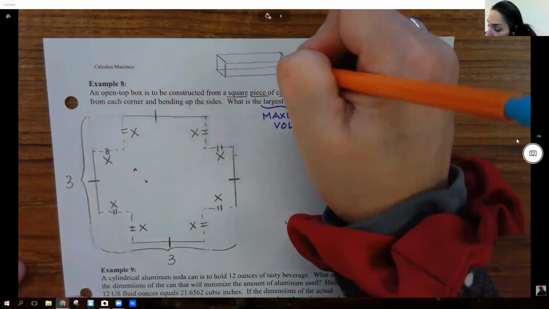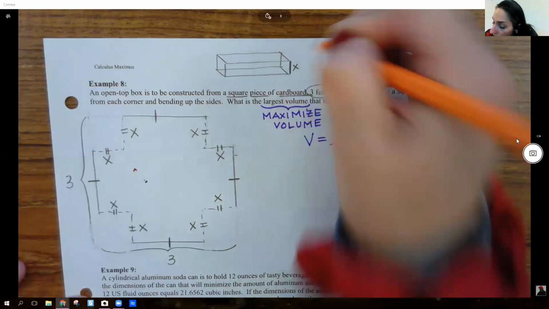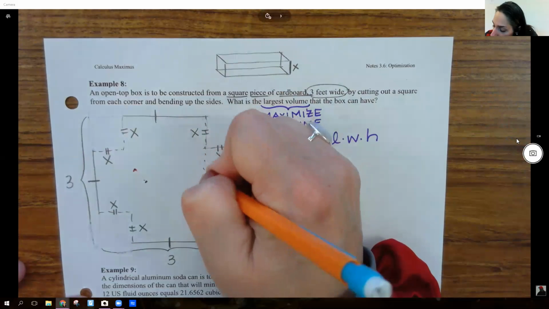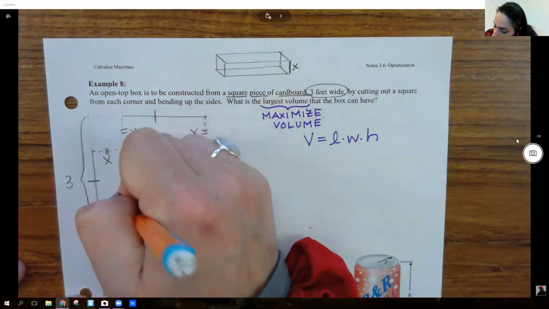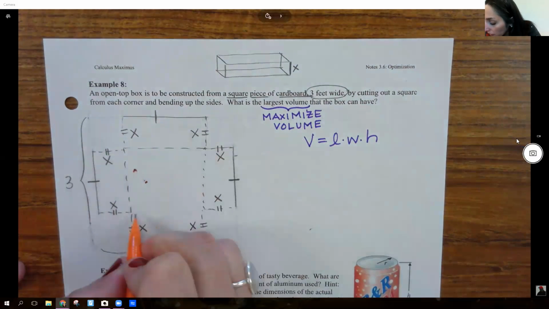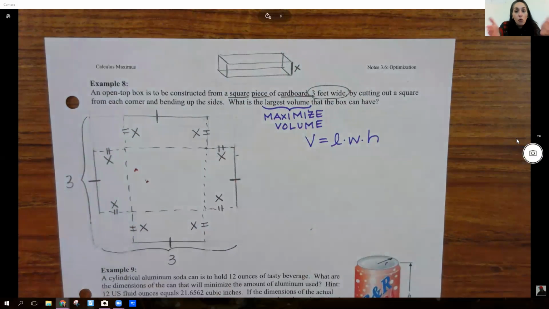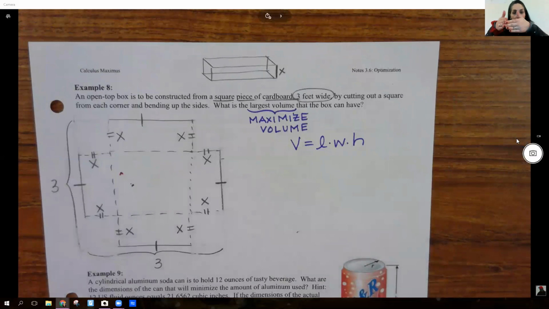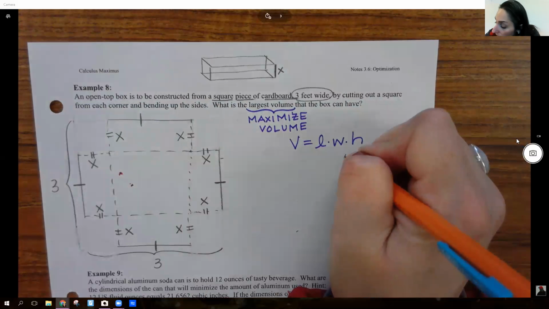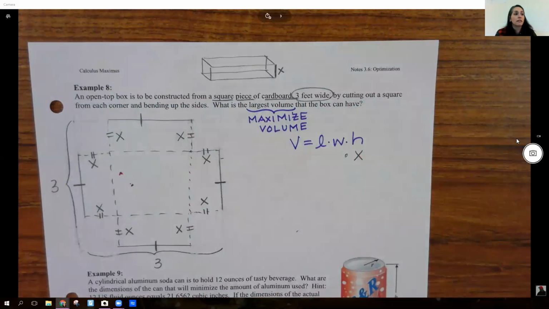It becomes this part right here. I made a dotted line right here and a dotted line right here and here and here. And if you fold on the dotted lines, these two pieces are gonna come together, and they're gonna make a seam, and that's gonna be the height of the box. So I'm actually gonna put that right there in our volume formula.